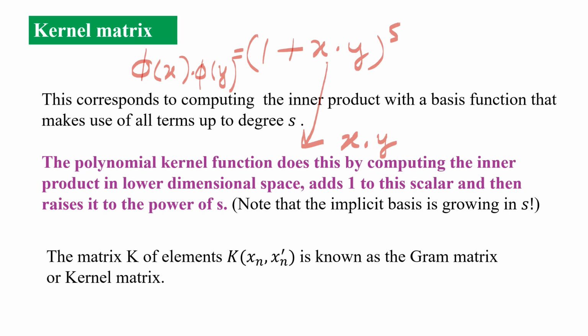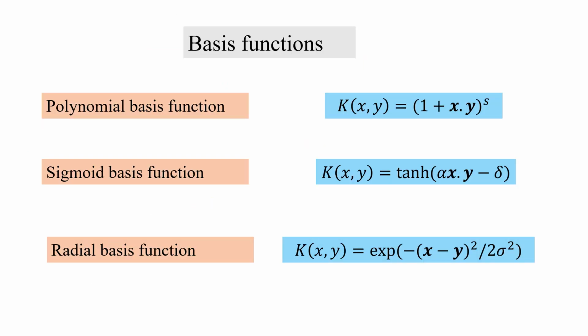The implicit basis is of course growing in s. So what have we done? Instead of taking the computations to a higher degree s, we are doing the computations in our low dimension d. The matrix K of the pairs of elements is the gram matrix or the kernel matrix.